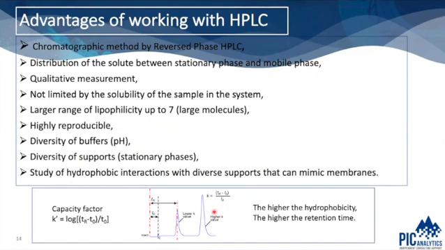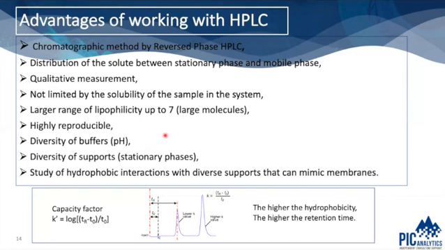And the more hydrophobic the compound is, the more interactions there will be, so the more retained the compound will be. So you will have a higher retention. This is, of course, a qualitative measurement. This is not quantitative. So that means we are less limited by the solubility of the sample in the HPLC systems. And because we measure retention time, you can increase the length of your columns as much as you want.